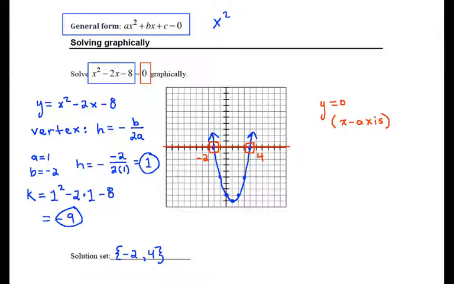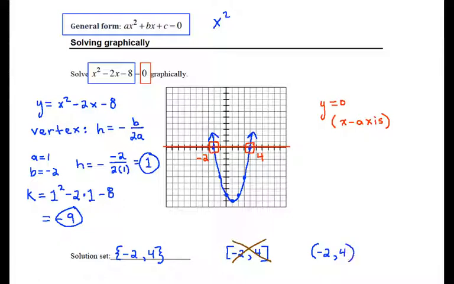I feel like I can't emphasize enough that the bracket type really matters. Remember that if you use square brackets, this really means the interval of all values between negative 2 and 4. Those are not all solutions to this. If you use parentheses, then that could mean one of two things.